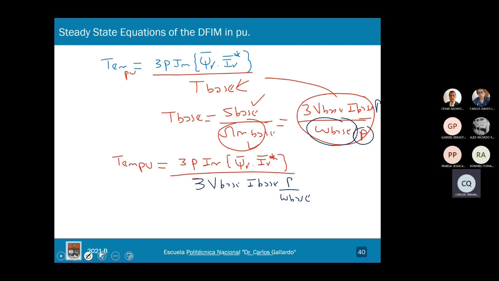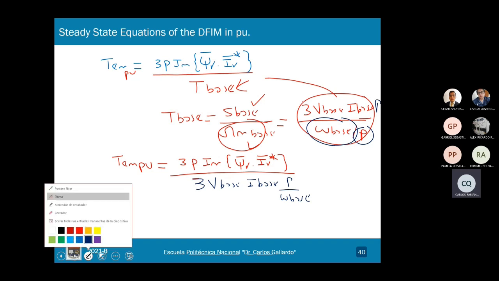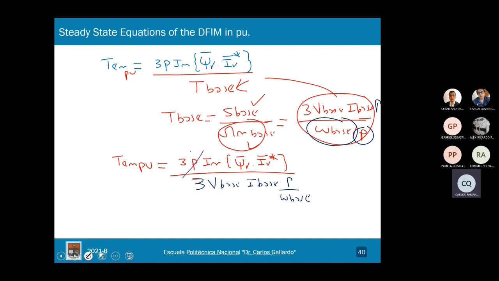Okay, so therefore it's possible to cancel off 3, the number of poles. And by definition the base flux is equal to the base voltage over the base angular frequency.